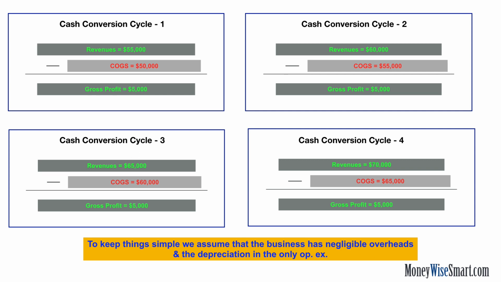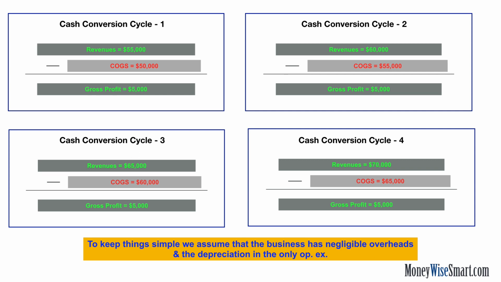So here, instead of having one cash conversion cycle in the full year, I end up making 4 cash conversion cycles. And in each cycle, my inventory of 50,000 gets sold out, but instead of making a $10,000 profit, I'm happy with a $5,000 profit.